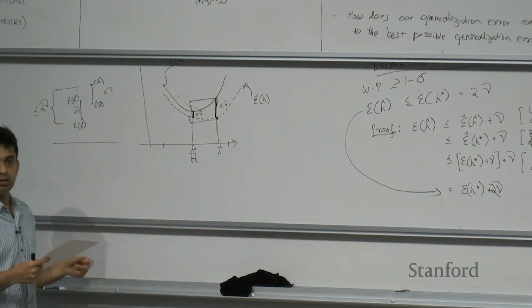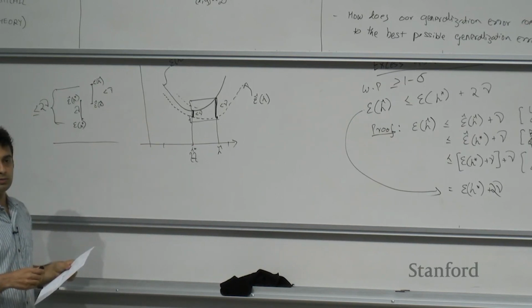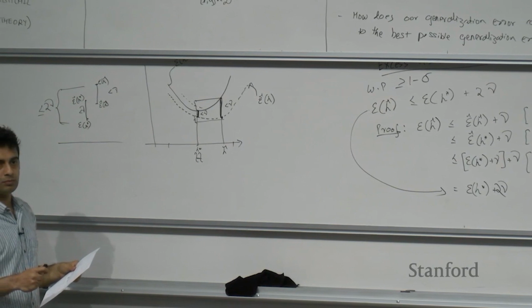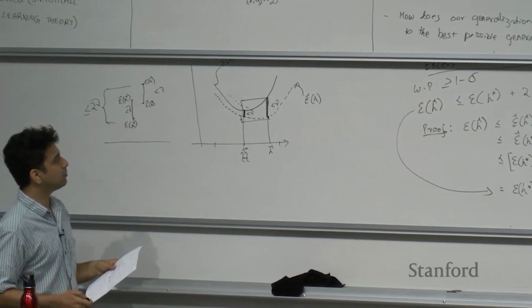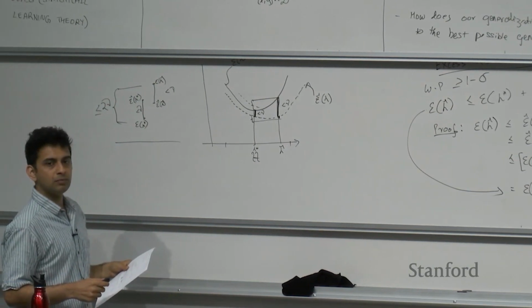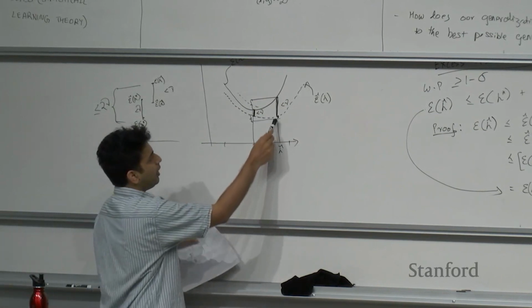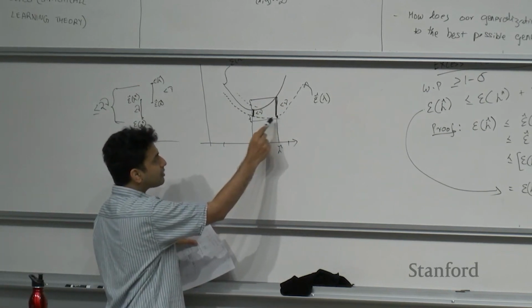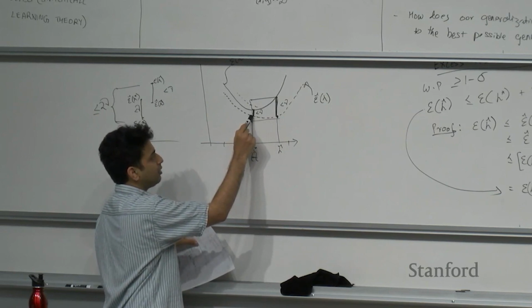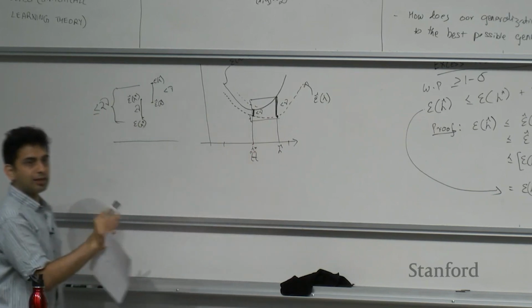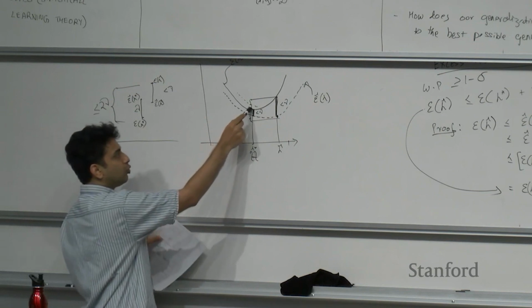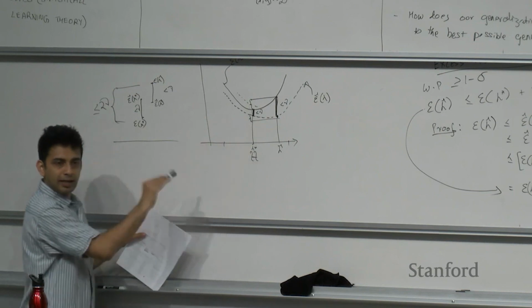Yes, question. The question that was previously asked: isn't h hat defined to be the empirical loss minimizer? Yeah, so h hat is the empirical loss minimizer, which means the empirical loss at h hat will be less than or equal to the empirical loss at h star. Right? It says nothing about the true risk versus empirical risk at any of those points.